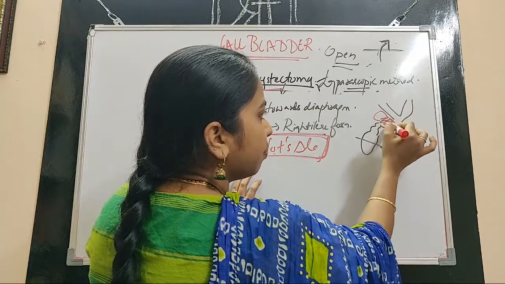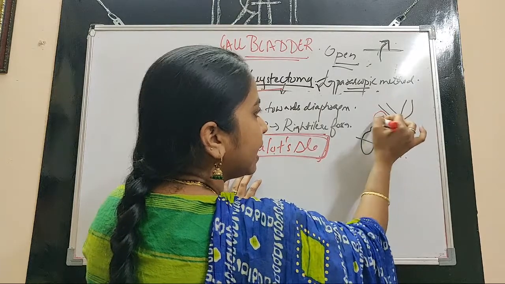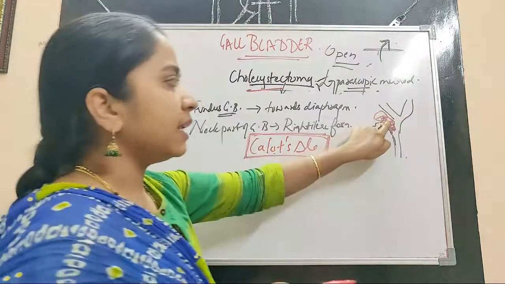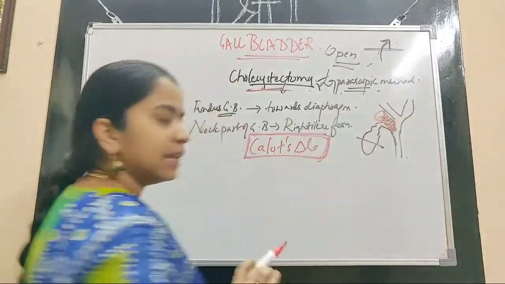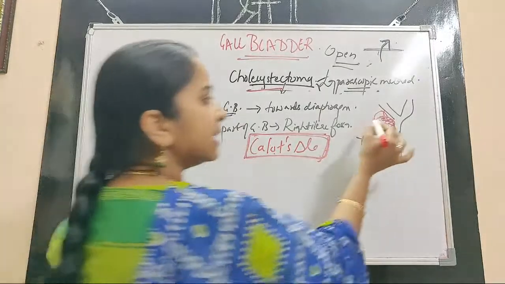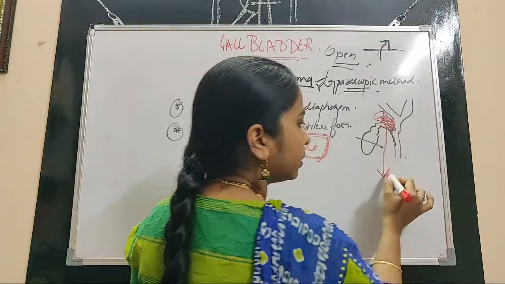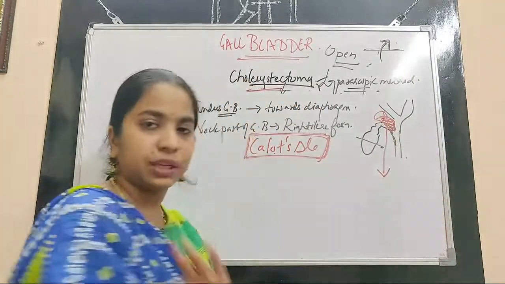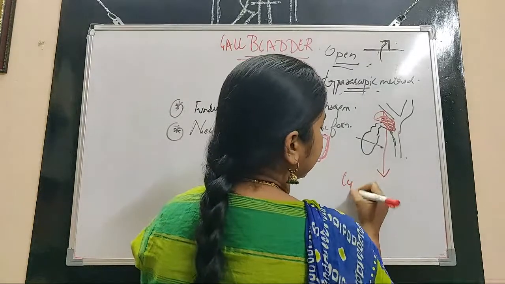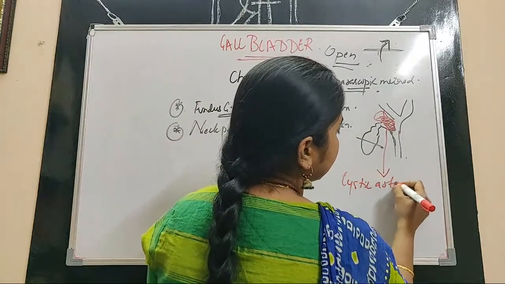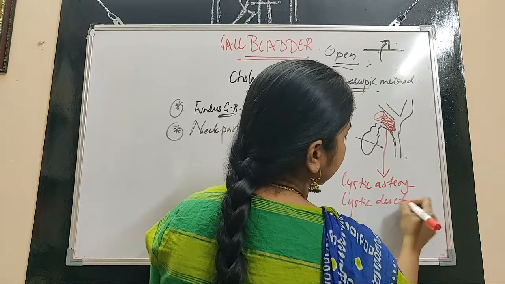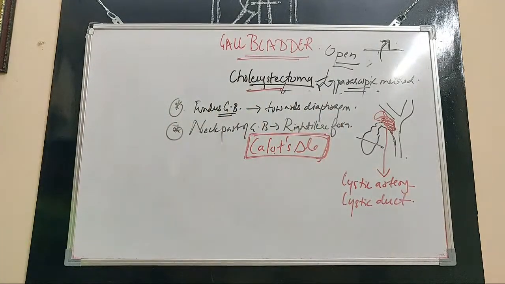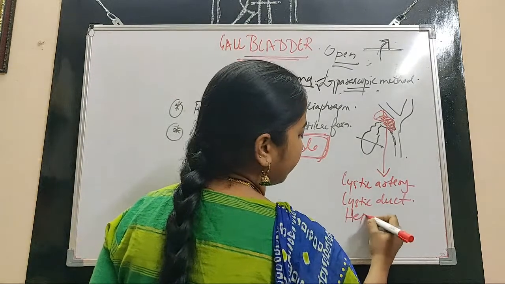This space is important because various ducts and also the neurovascular bundle enter the liver, and it is the same Kellogg's triangle which is in close association with three main things: the cystic artery, the cystic duct, and the hepatic duct.